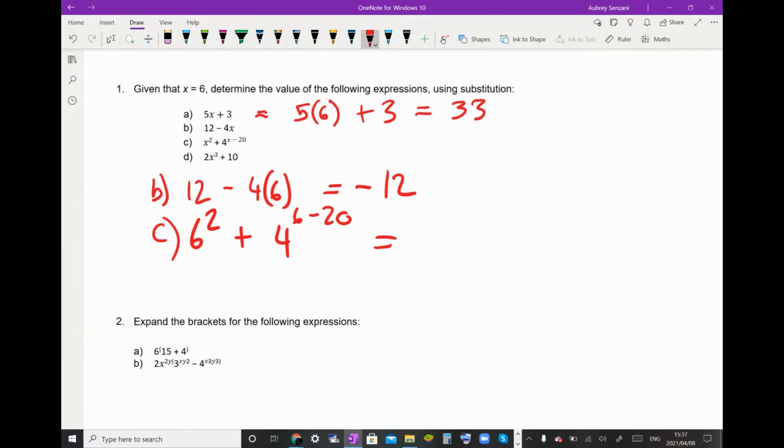What is the answer over there? Oh, actually, I see I am in error. This should actually be 6 over here. It's done a little subscript thing, but it should actually be lowercase like that.